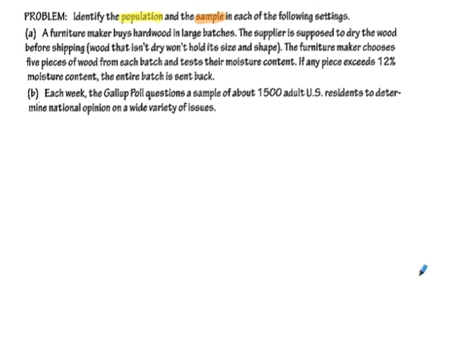You have to think about your population. Remember in our East Rutherford example, the population was all 750 students that go to East Rutherford. So in this furniture example, what is the population? What is the big picture? The big picture would be all the hardwood in large batches.